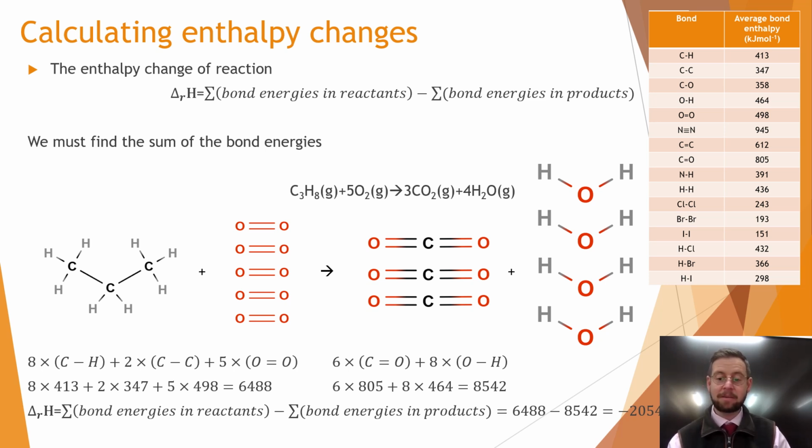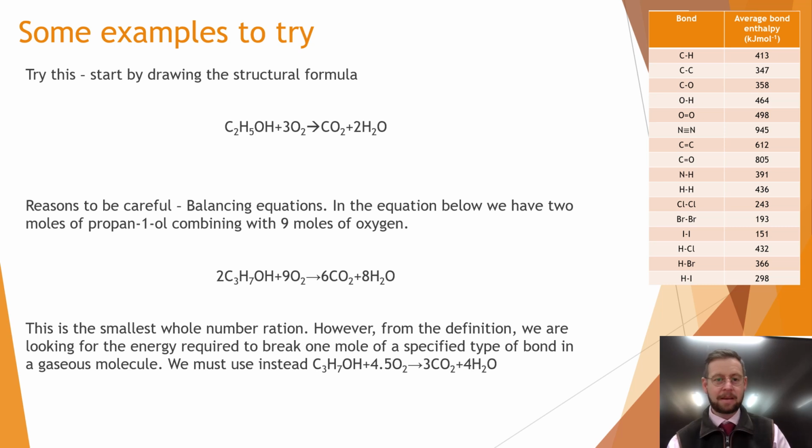And you can see I end up with an answer of minus 2054 kilojoules per mole. And so therefore this is an exothermic reaction, and of course it is. Combustion is always exothermic. It always makes a large amount of energy release into the environment. It's fire after all. So here are some examples to try.